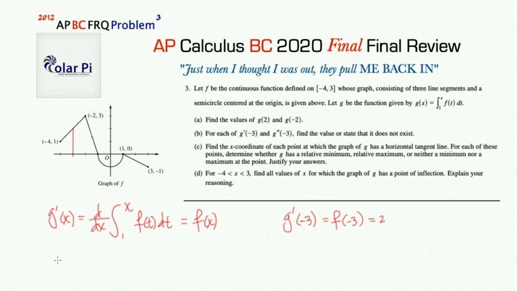And so then g double prime of x will have to be f prime of x, because g prime is f, so then g double prime should be f prime. Okay, cool. So this time, since we want g double prime of -3, what we have to do is figure out what f prime of -3 is. But then that's the slope of f at -3.